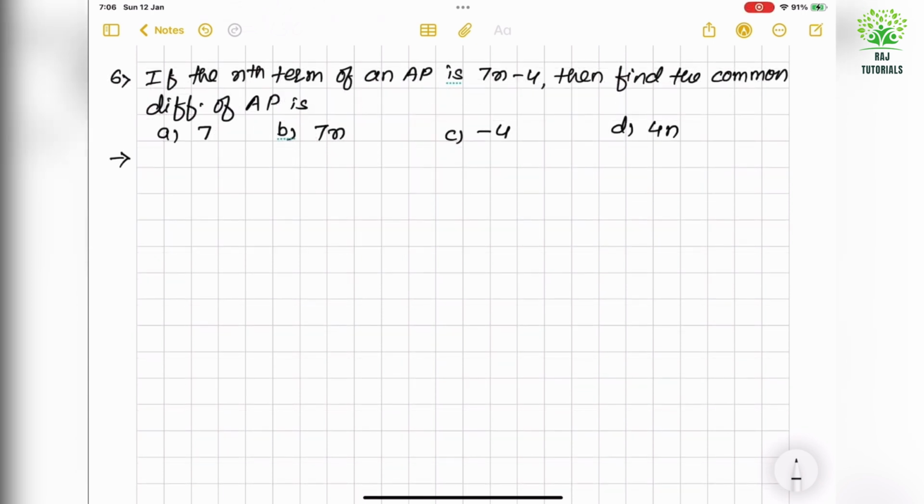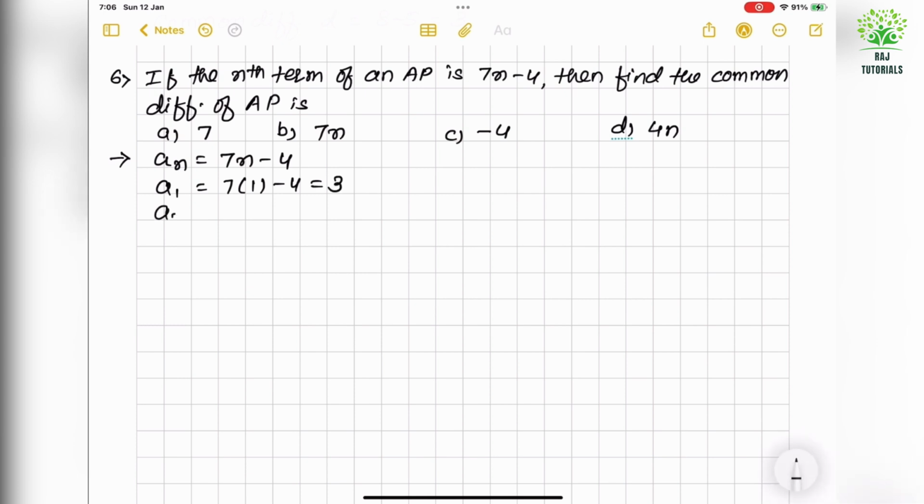Now next question says if the nth term of an AP is 7n minus 4, then find the common difference of AP. So here it is already given an equal to 7n minus 4. So a1 will be 7 into 1 minus 4, that is 3.